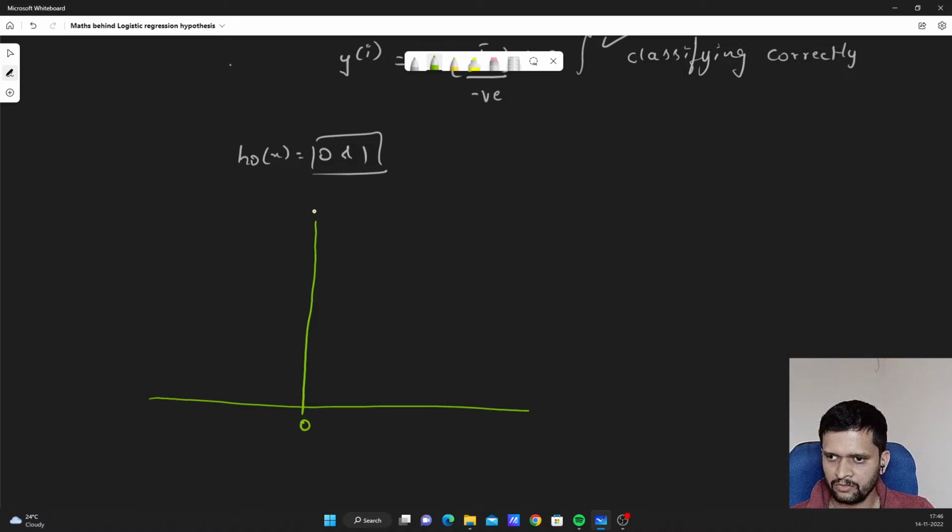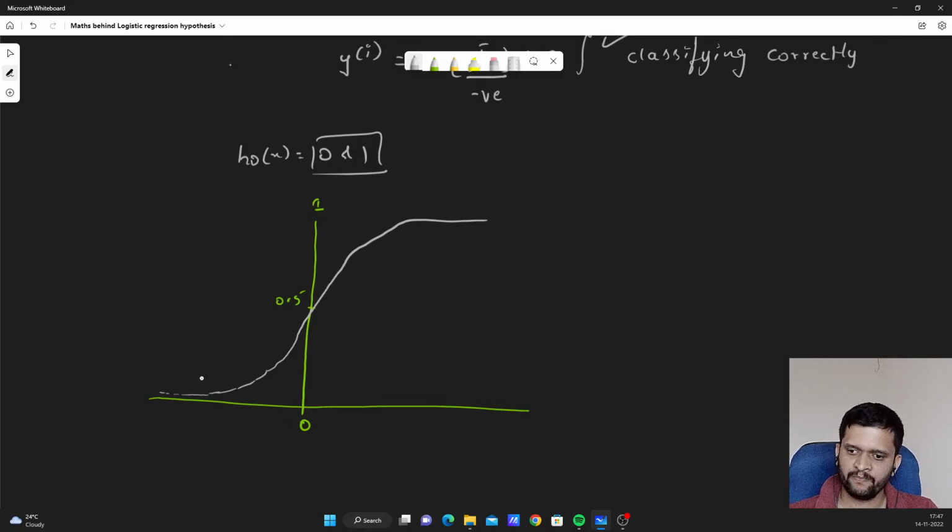This is 0, this is 1, this is 0.5. If I plot the sigmoid function, the curve will exactly pass through this line at 0.5, and this will asymptote at 1. So the values are always lying between 0 and 1, okay.